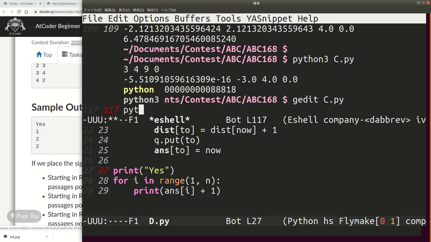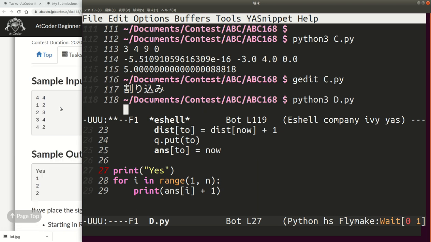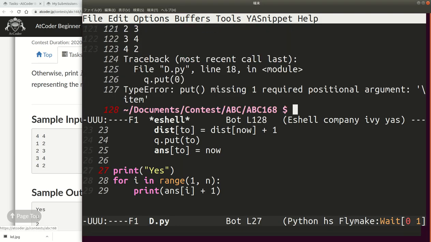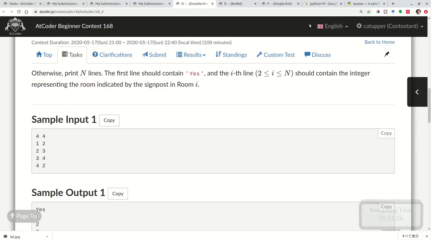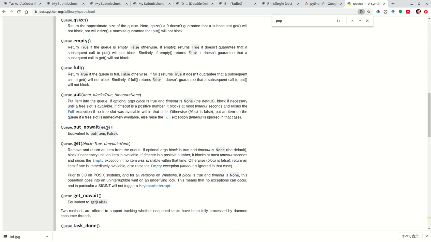Okay, so try C pi, copy, run, go. Put missing. Where is it? Oh, put needs 2 arguments, really? Put. Oh, it seems it has only 1 argument. Put item into the queue.